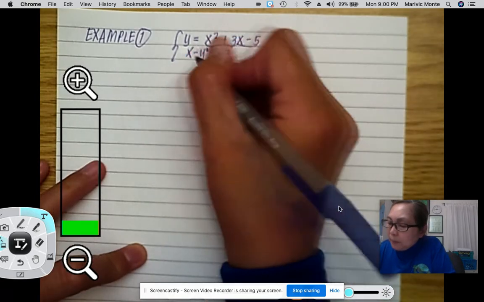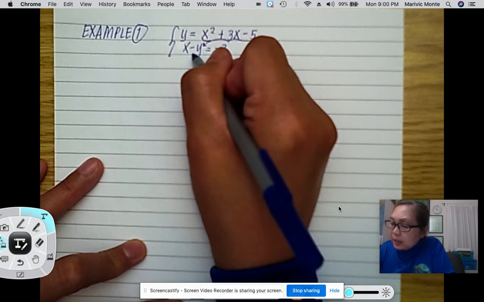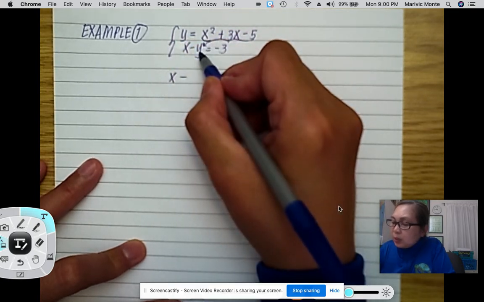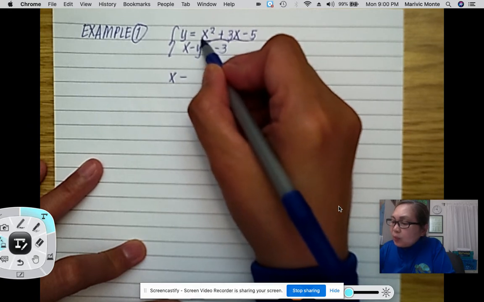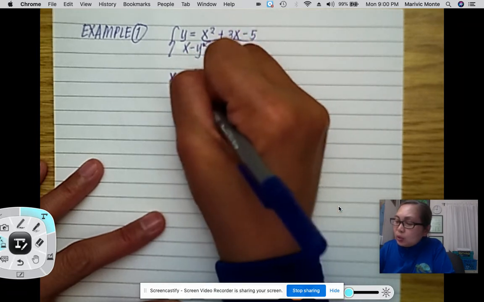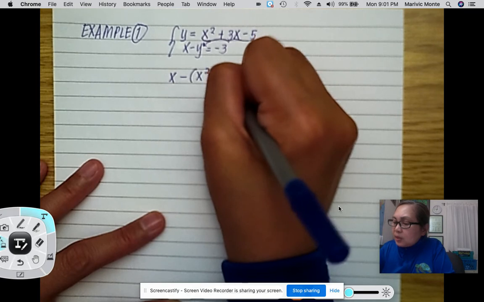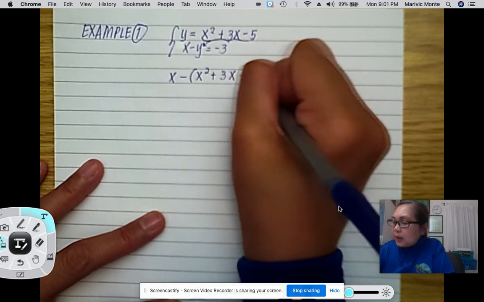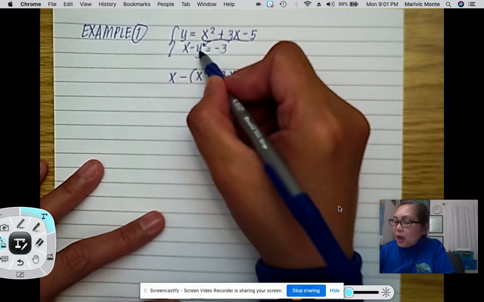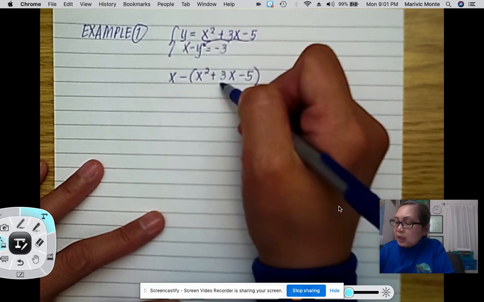My equation now will follow that linear equation composed of x minus, so instead of writing this y, I now substitute x squared plus 3x minus 5. I'm going to use a parenthesis, x squared plus 3x minus 5. So I just copied everything here. Instead of writing this y, I have written its other value in this form.